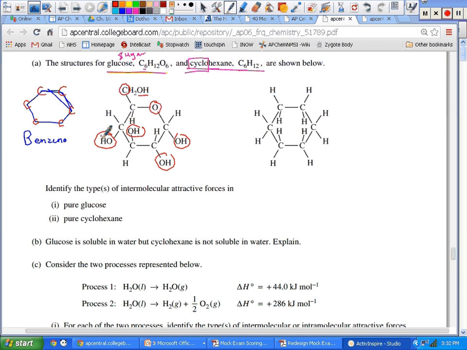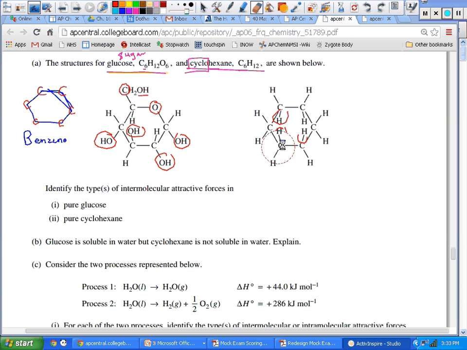Now, what about cyclohexane? Well, remember this thing's three-dimensional. So this H and this H are kind of standing up, pointing out of the board, and this H and this H are also standing up, kind of pointing up. So it's three-dimensional. The other two are down below it, kind of deal. But what do you notice about this thing?